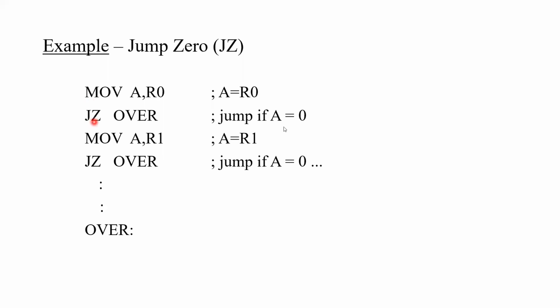If it is 0, then only perform the jump. Where it has to jump is the label mentioned in the instruction, over. It will go to over there. Next, MOV A, R1.